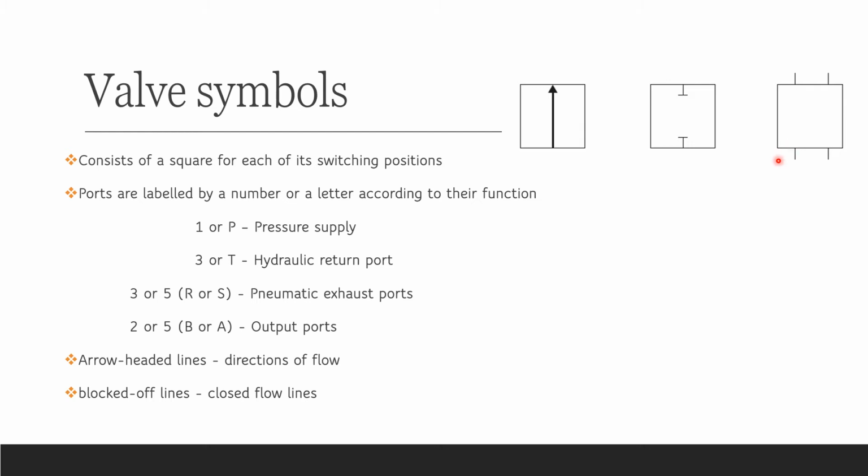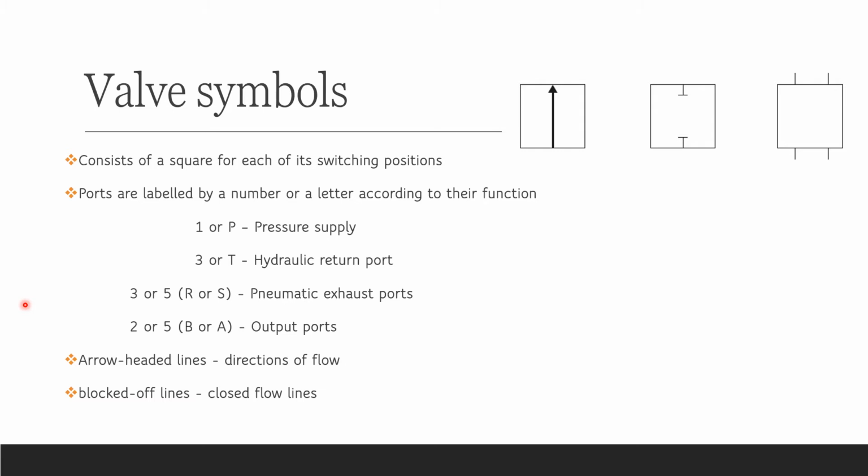And in the initial square, which represents the initial condition of the valve, the number of ports connected will be shown, as in this third square. Here this means that the valve consists of 4 ports in the initial working condition.